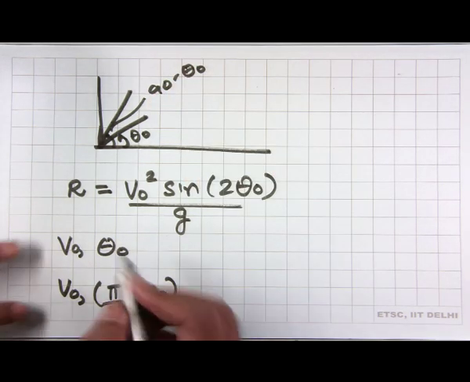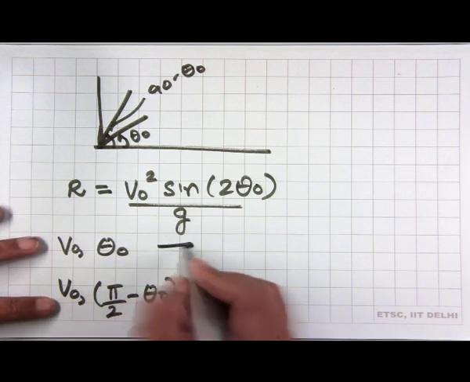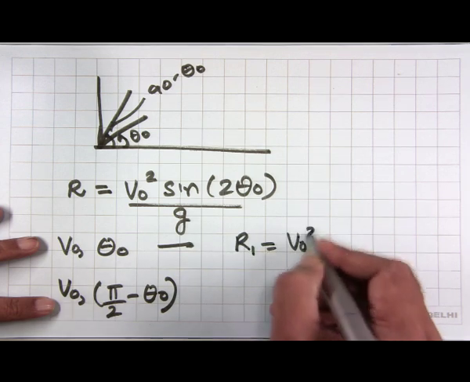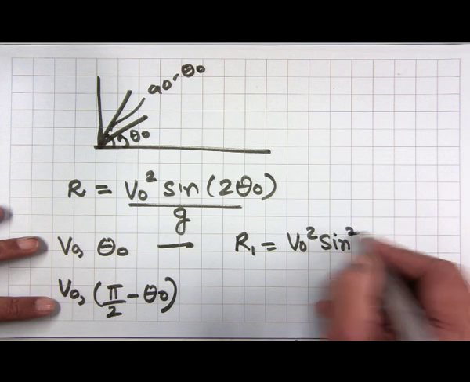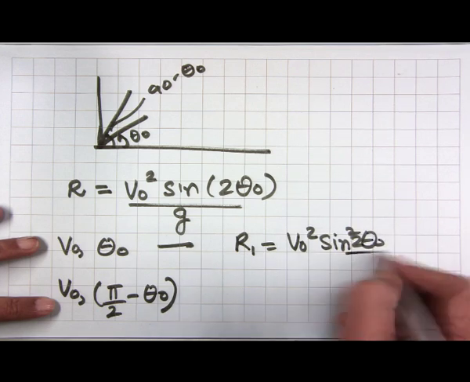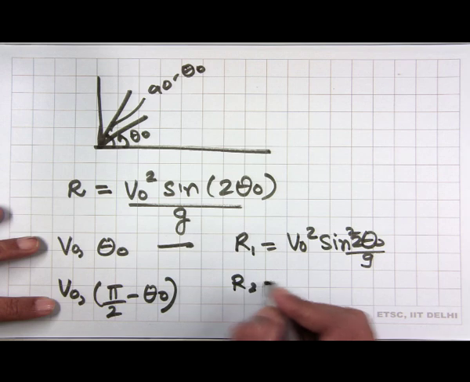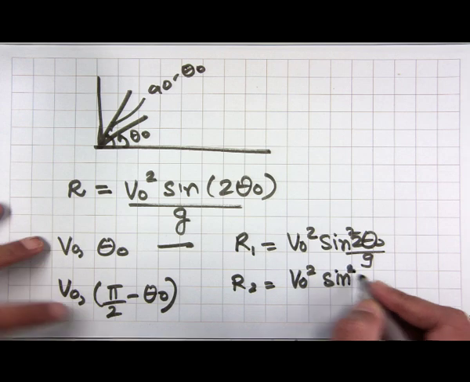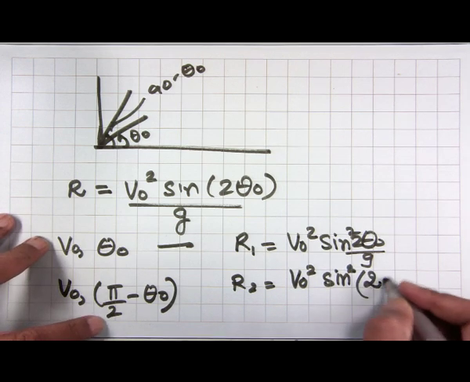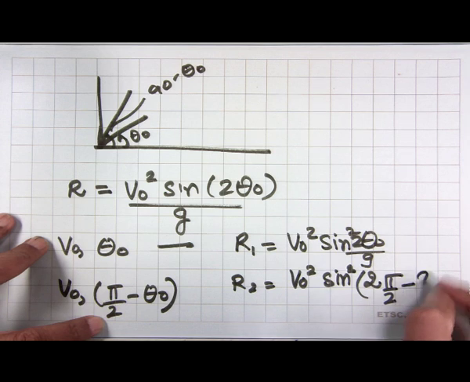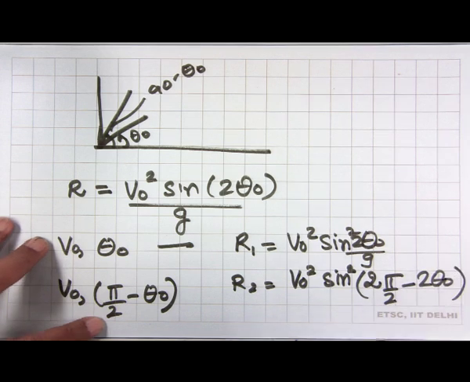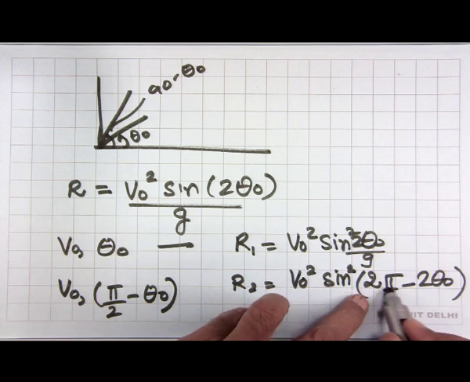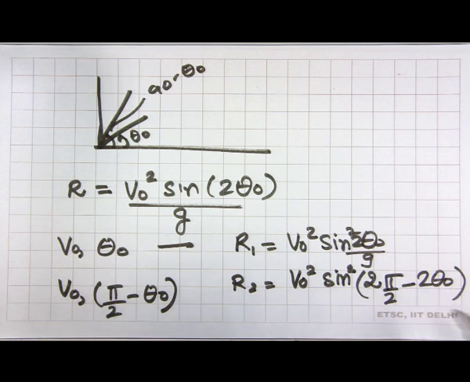Now, if you calculate the range, r1 will be equal to V0 square sin 2 theta 0 upon g, and r2 will be equal to V0 square sin of 2 times pi by 2 minus 2 theta 0, and this will be nothing but sine of pi minus 2 theta 0, which is the same.